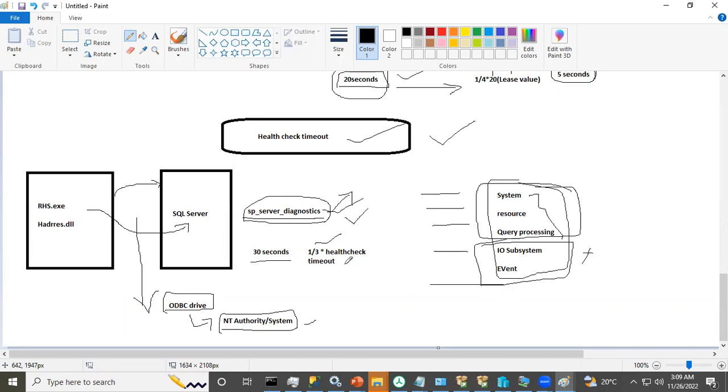So if it executes sp_server_diagnostics and retrieves the result, right?